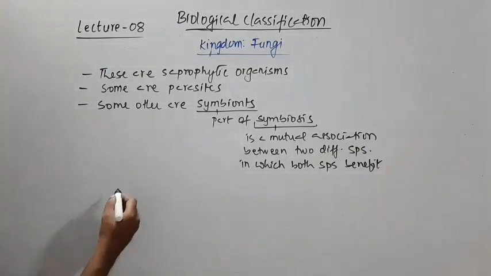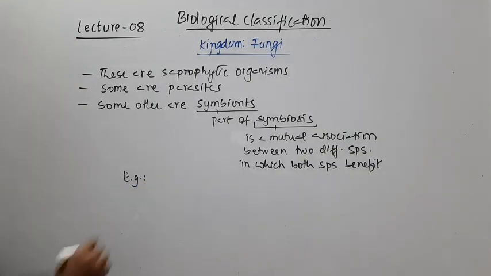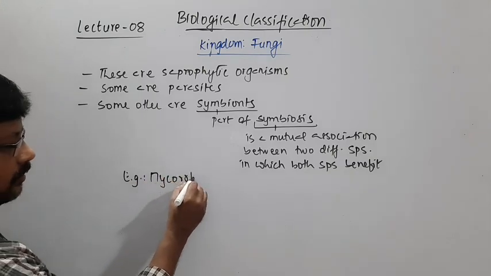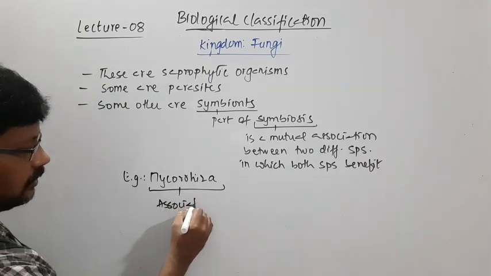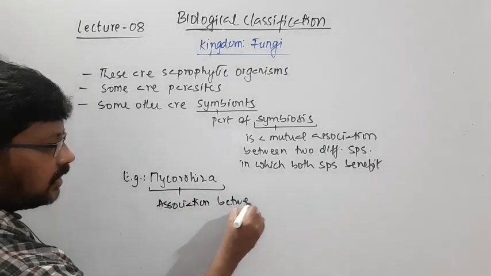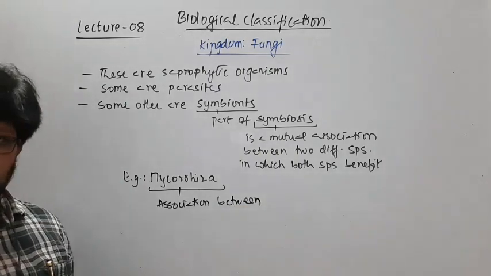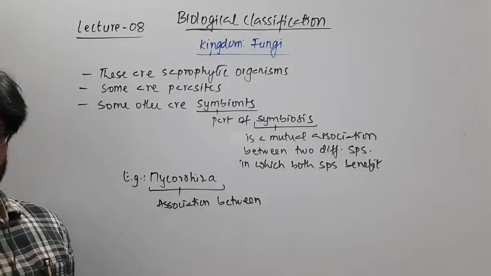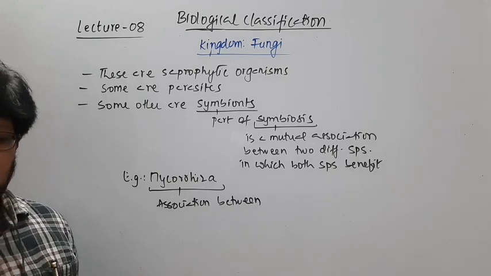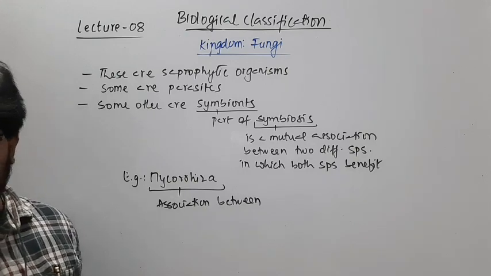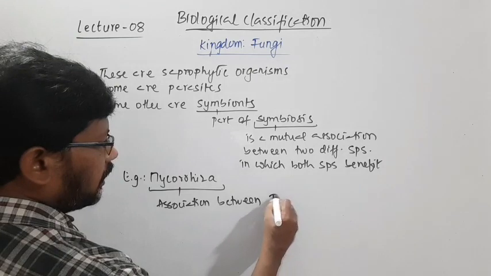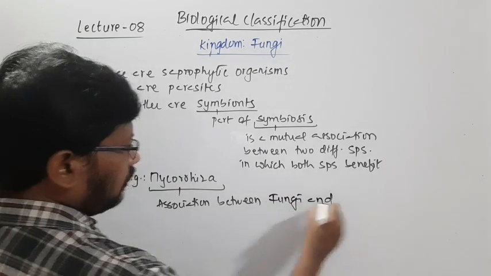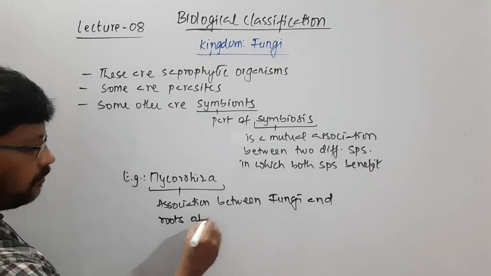Like in this case, I'll give you an example. Mycorrhiza is a mutualistic association. Whenever I say mutualistic association, it means the two species present together will get benefit from one another. It is an association between fungi and roots of higher plants.